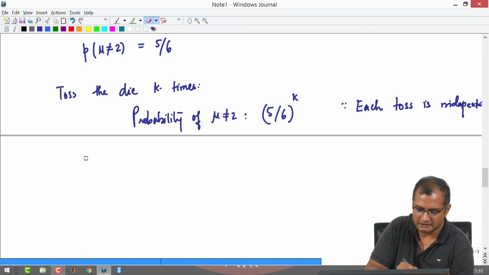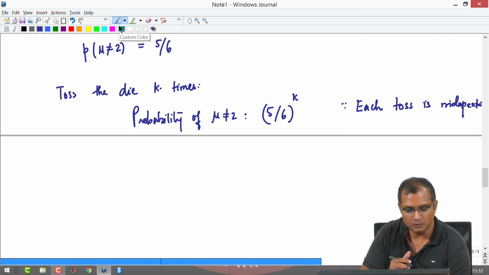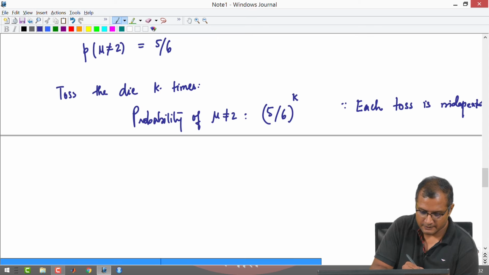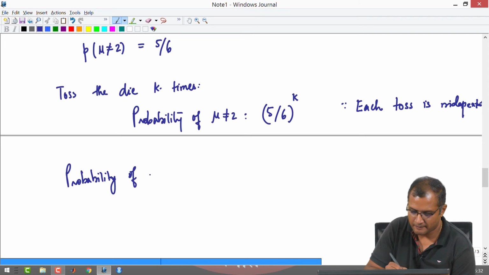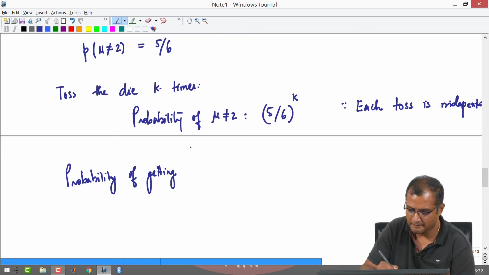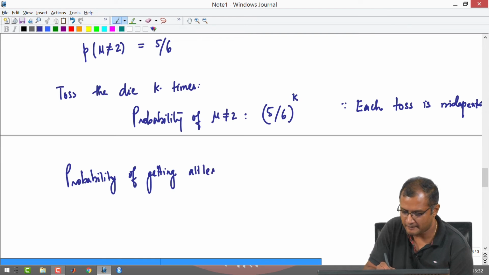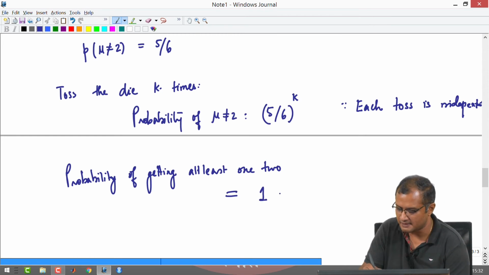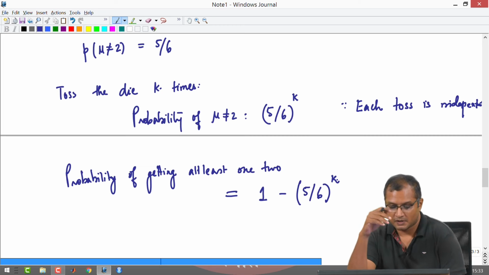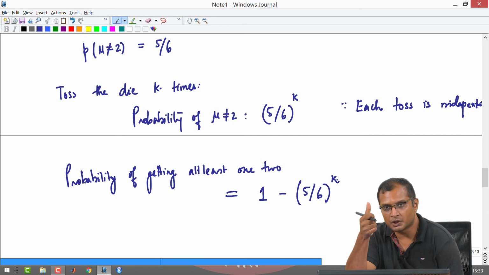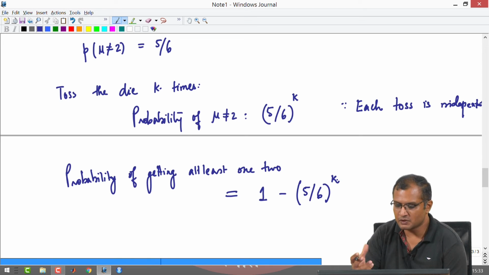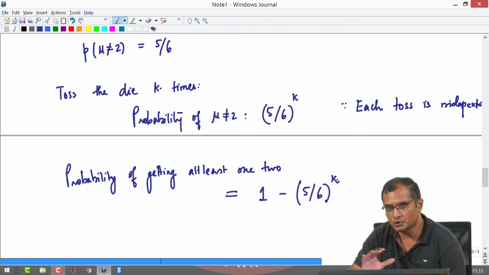I can say that after k tosses, the probability of getting at least one 2 would be just 1 minus (5/6)^k, because there are only two options: either you get a 2 or you do not get a 2. (5/6)^k is the probability of getting no 2 at all.